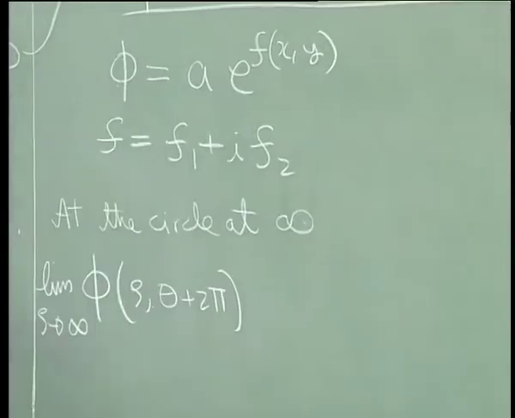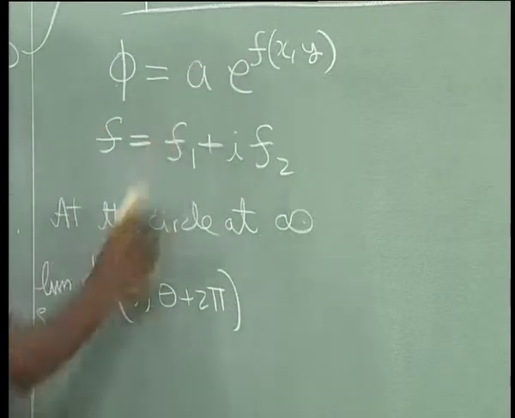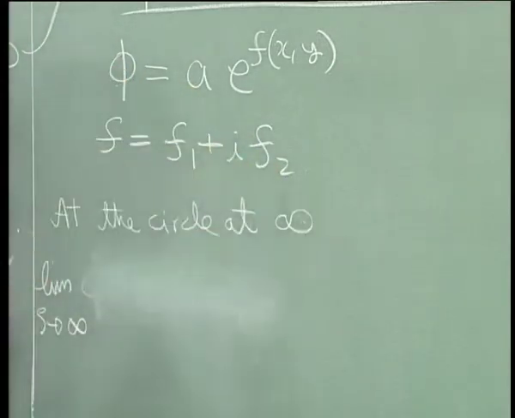Okay. So, one thing we saw is that the flux was nothing but how the phase of phi changed, and so we can go back and write it in terms of the phase of phi, which is f2.